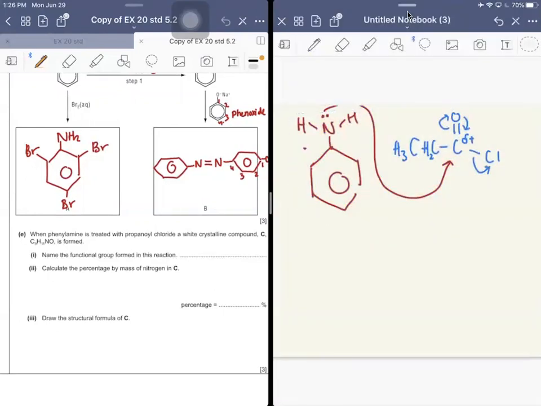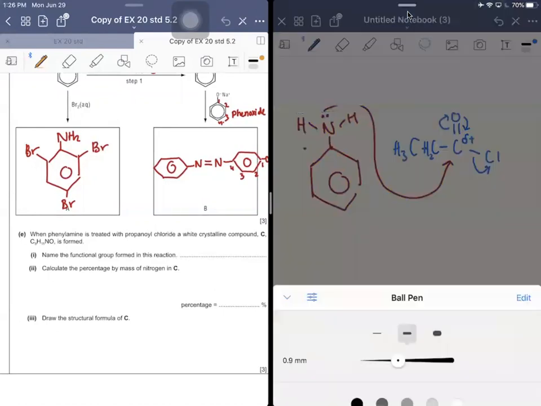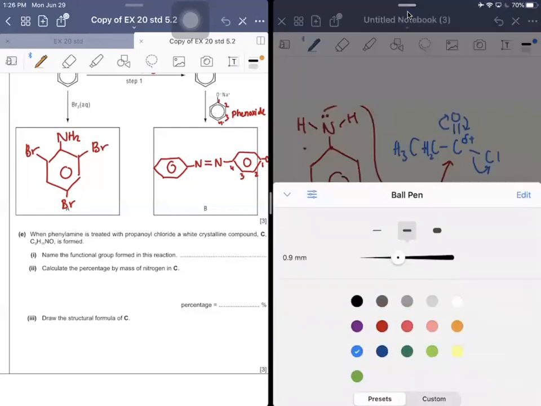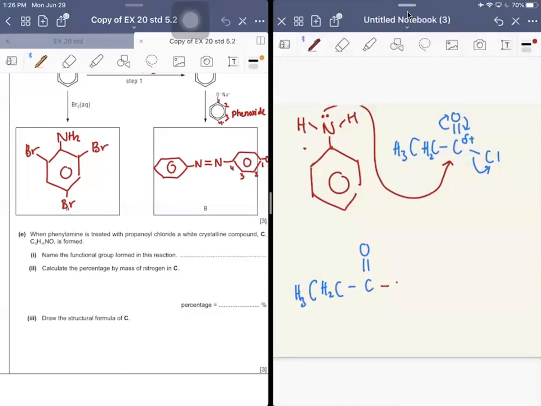The product that you will get will be CH3. Nothing changes on the other side of the molecule of your propanoyl chloride. However, this is the new bond being formed. So NH has to be between the nitrogen and the carbon, and it's only a single bond.